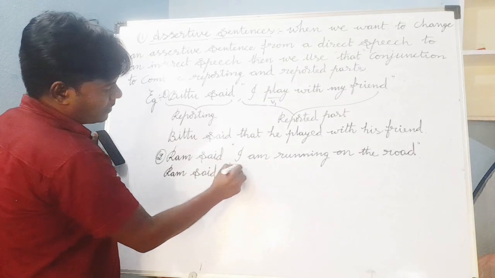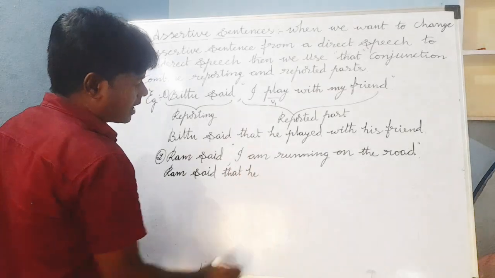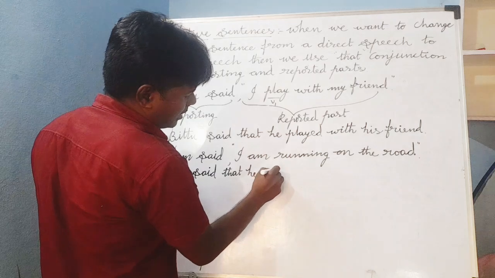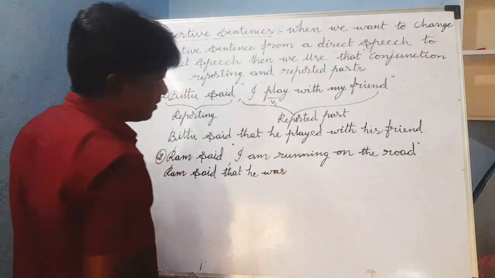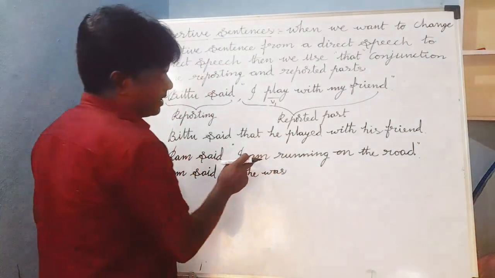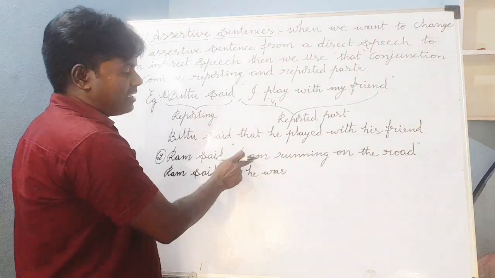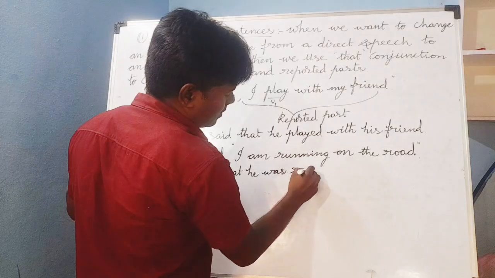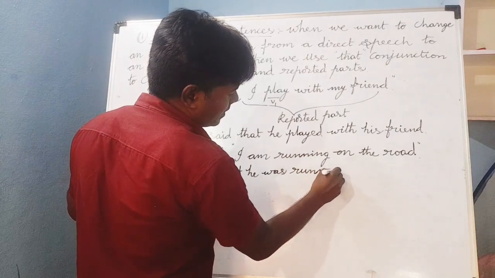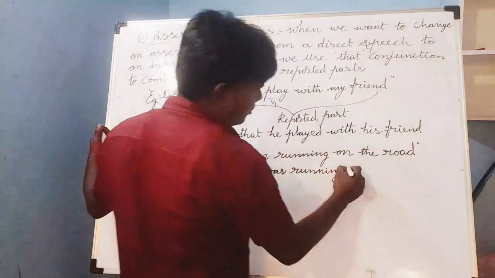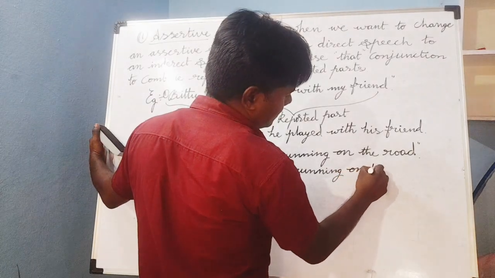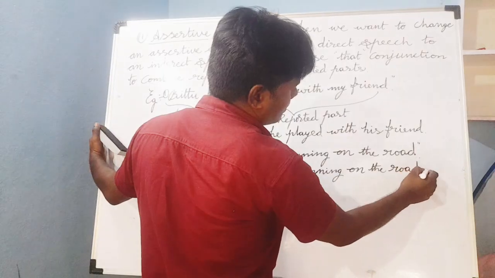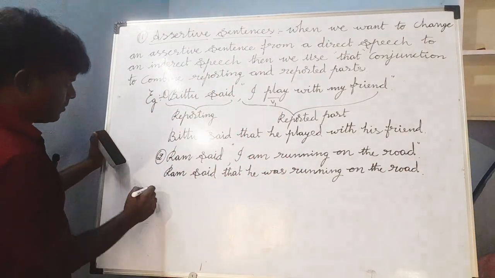So I become he. Okay, am become was or were, right? So according to the table, was. It is in present continuous tense, then changed into past continuous tense. Was running on the road. Okay, then next example.